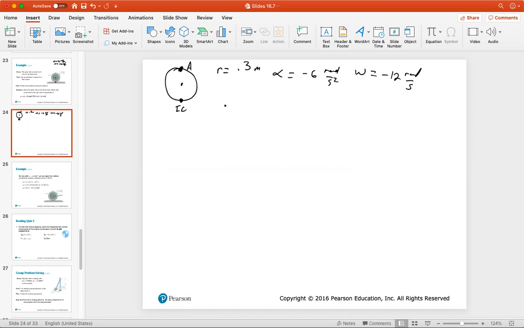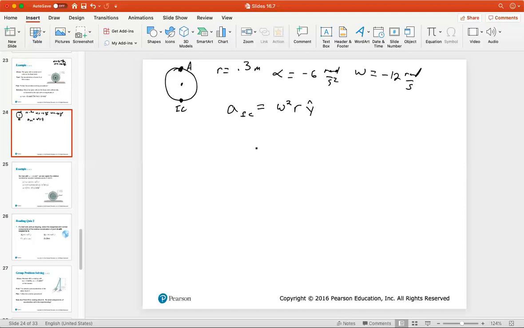So I know that the acceleration at the contact point with the ground is just going to be omega squared r times y hat, and it has to point towards the center of the circle. So that's the absolute acceleration at this point.